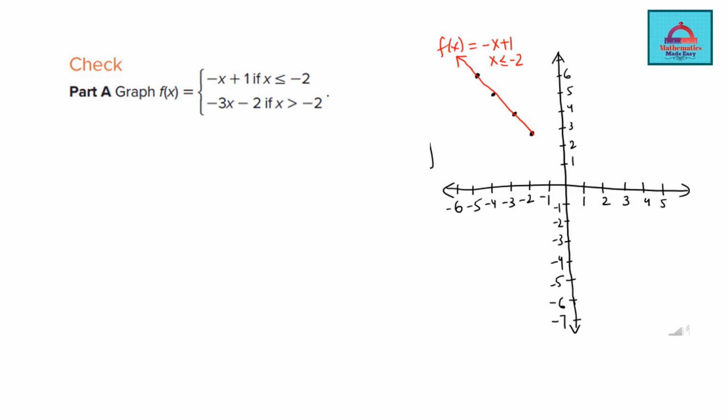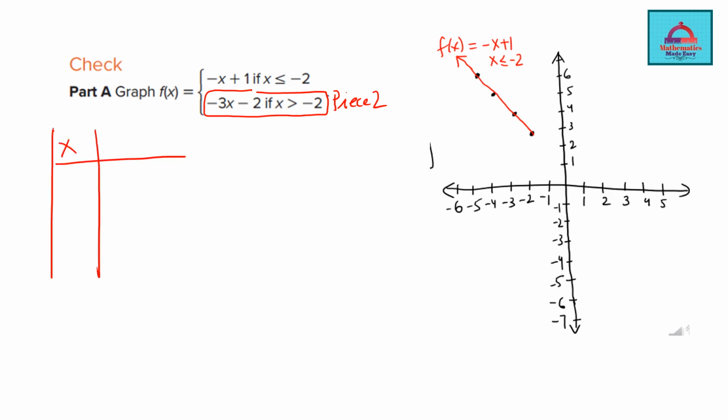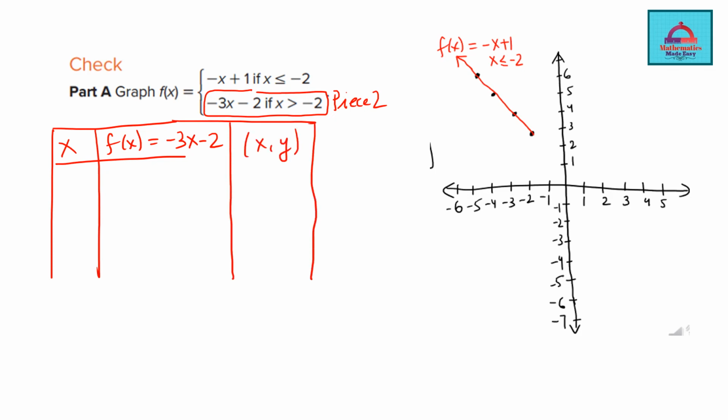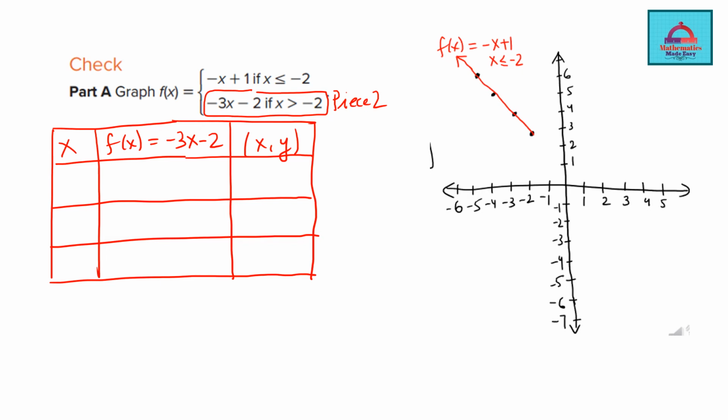Now let's draw the second piece, which is this function. This is piece 2. So we are going to draw the table of values of f(x) equal to -3x minus 2, and then we'll take the ordered pair x, y. Again, we are going to take three values here. Now look at the point x equal to -2 first.